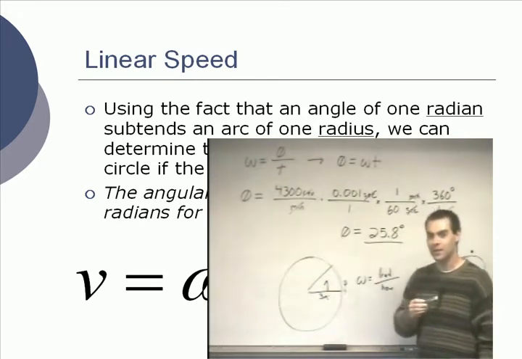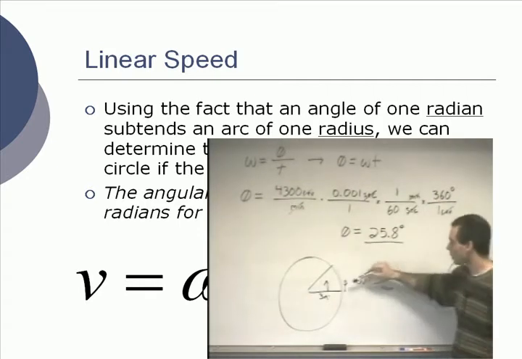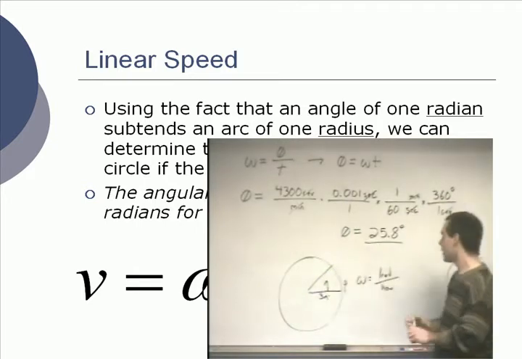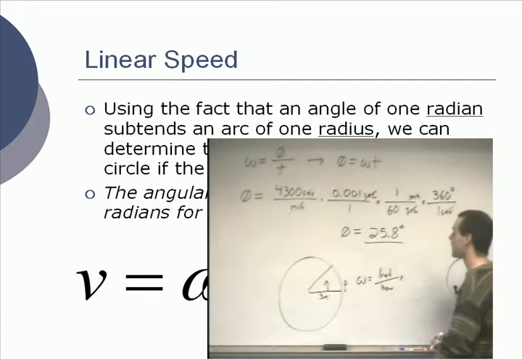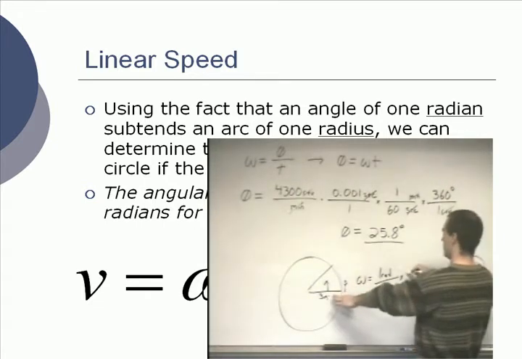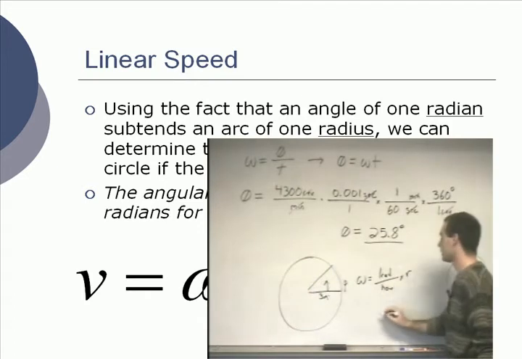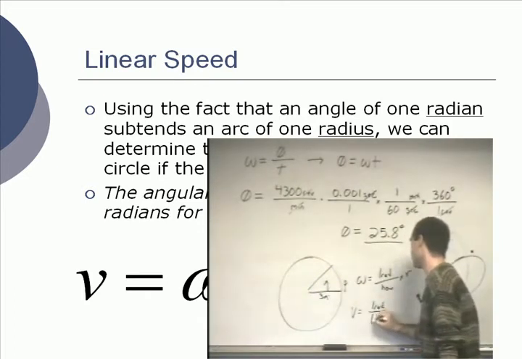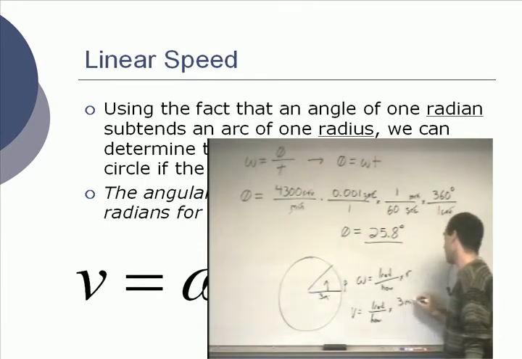But that also tells you how fast you're moving, because how far is 1 radian going to be if you're walking around the edge? It's 3 miles. So if you take your angular velocity and multiply it by the radius, your velocity will be 1 radian per hour times 3 miles per radian.